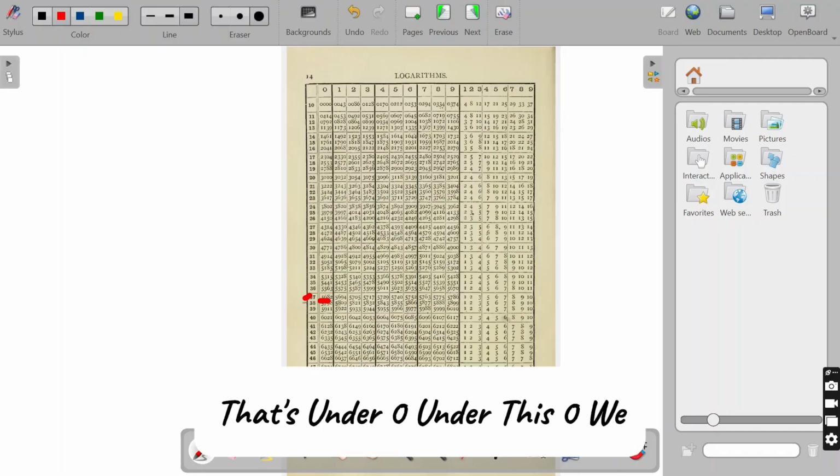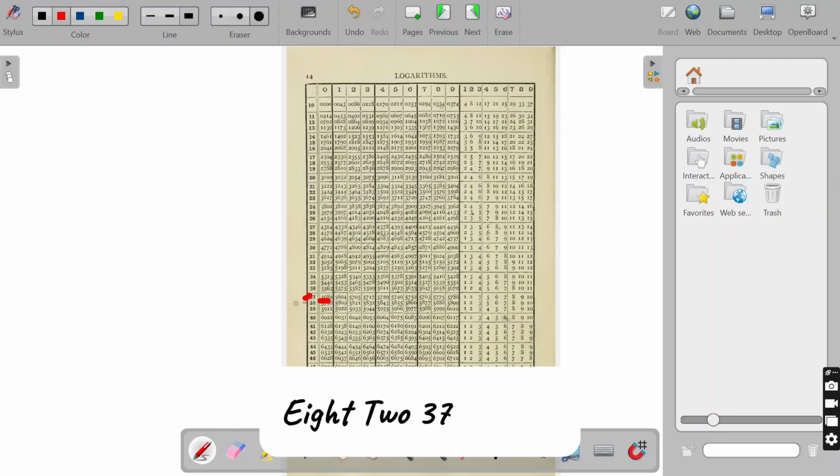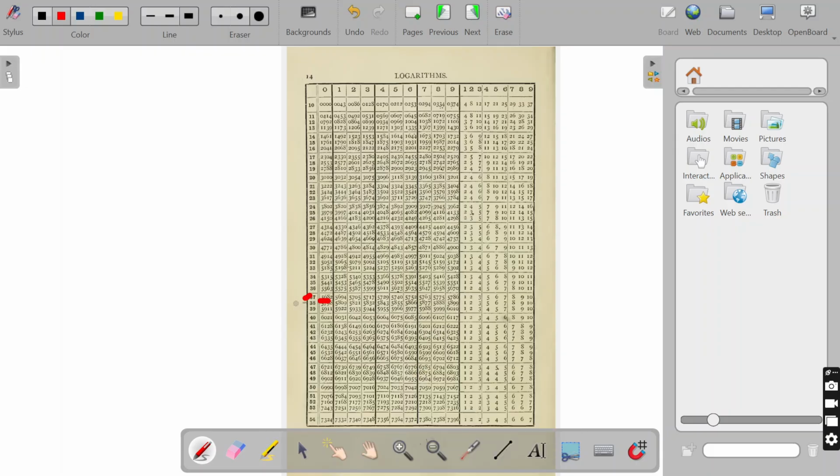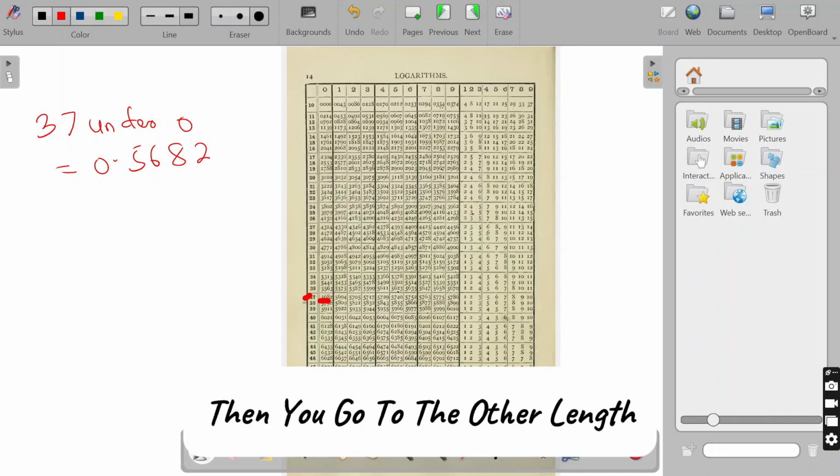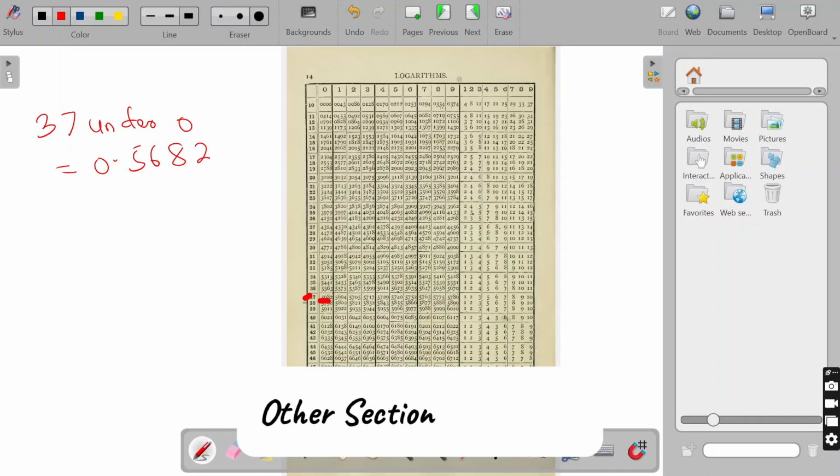Under this 0, we have 5682. So 37 under 0 equals 5682. Then you go to the other section, difference 0.